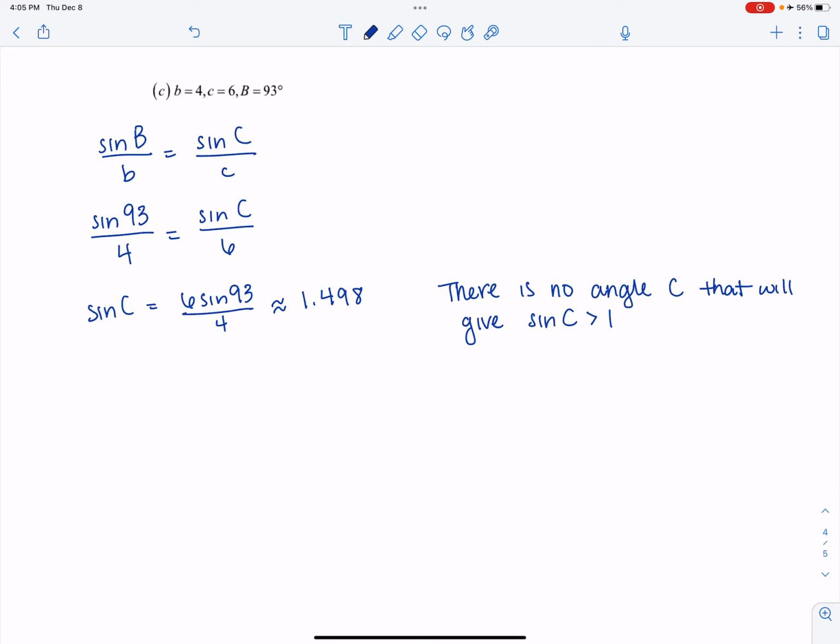So this one has no triangles. What's happening is one of the sides isn't reaching the rest. So no matter where you put it, it will never reach. So it's making an incomplete triangle. What a sad day.